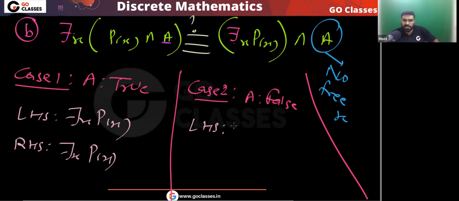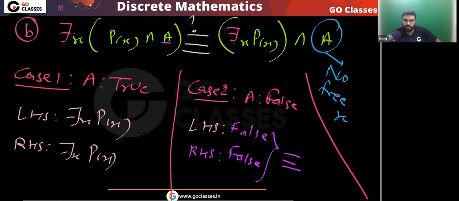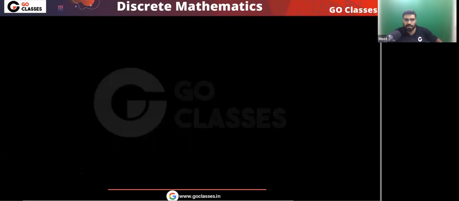So easily I can say this LHS will be false. And RHS: A is false, and false and anything is false. So this is also equivalent. Can I say this is also valid? These questions are very easy. Agree? Much easier.